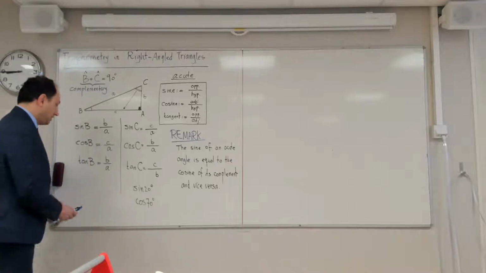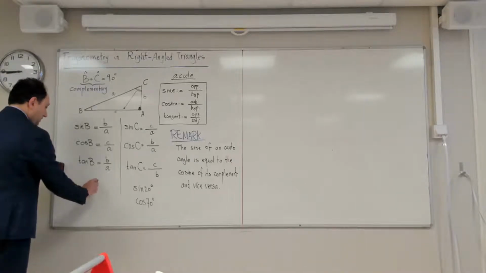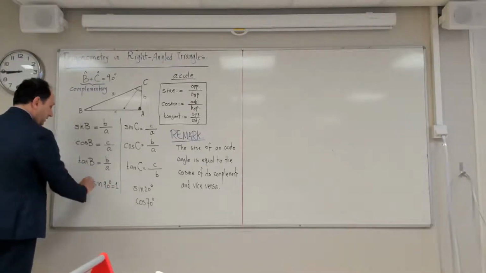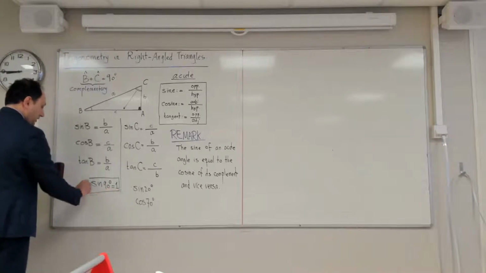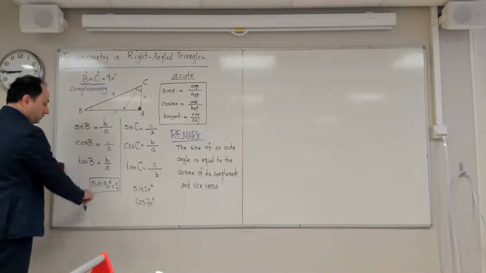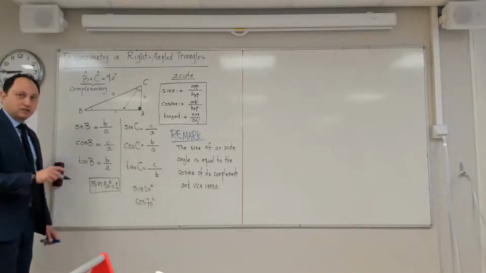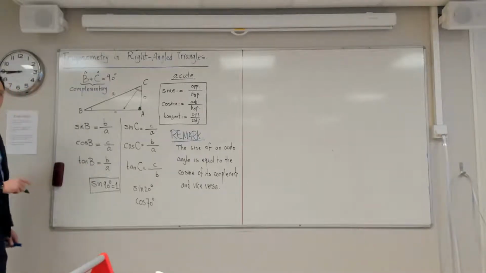And if you want to check it, immediately punch in sine of 90 in your calculator. If the answer happens to be equal to 1, then you are in the correct mode. If sine of 90 turns out to be a different number, it means that your calculator is in radian mode and you have to learn how to switch it back to degree mode.